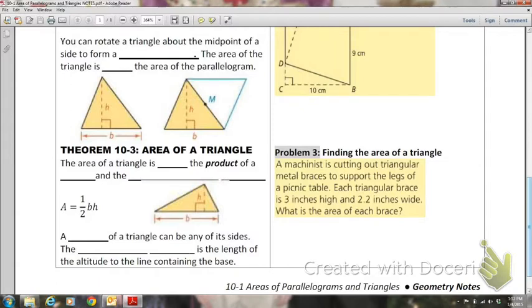So now let's look at the relationship between parallelograms and triangles. If you take a triangle like the one on the left here, you can rotate a triangle about a midpoint of a side, and if you do that, you're going to form a parallelogram.